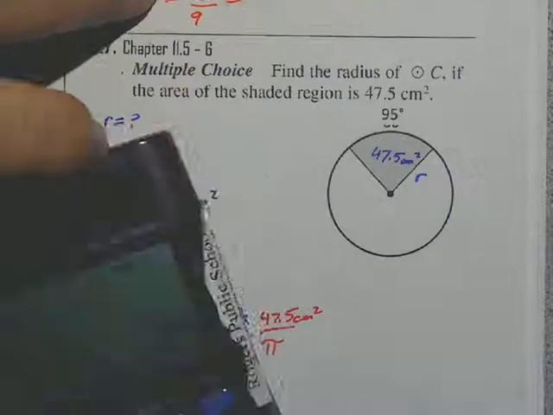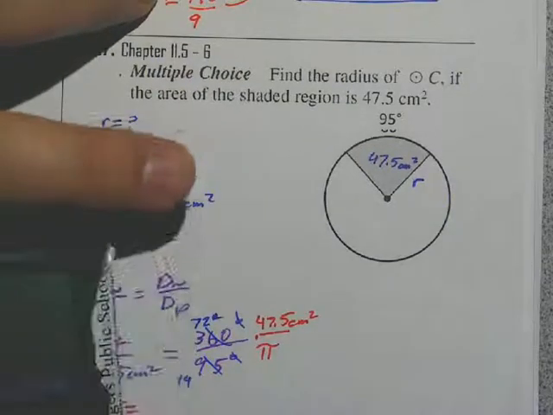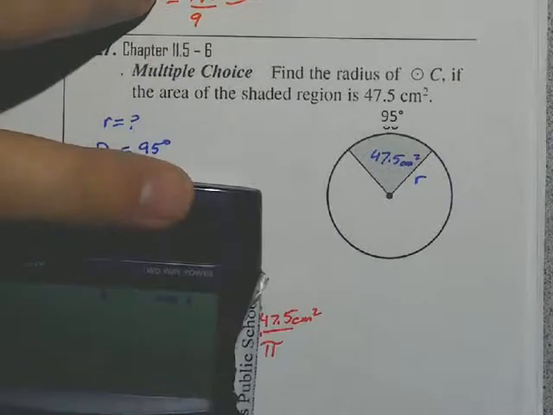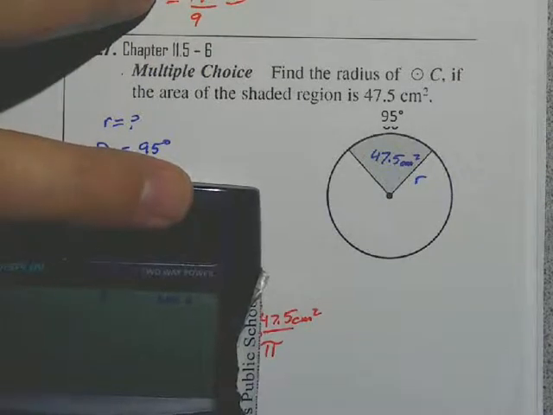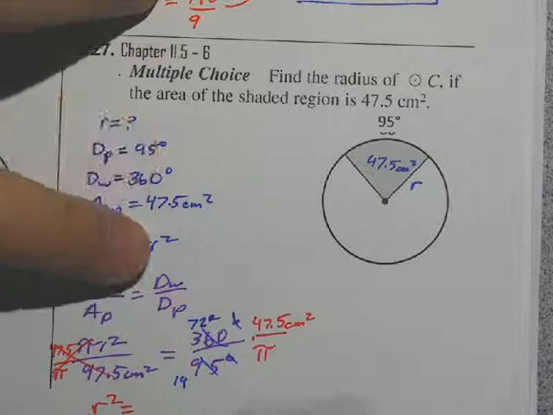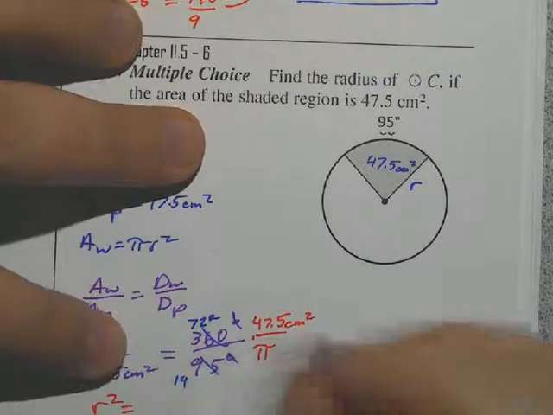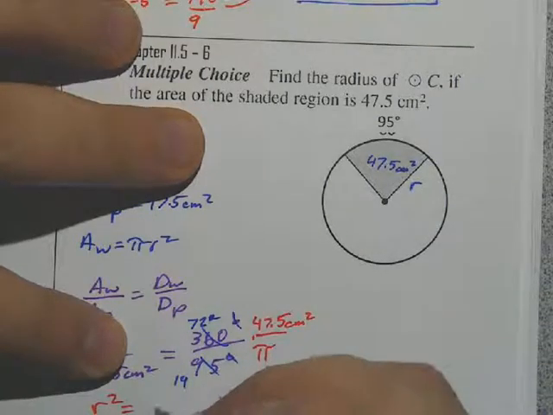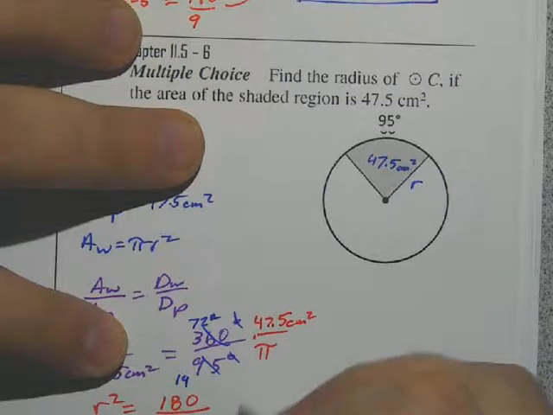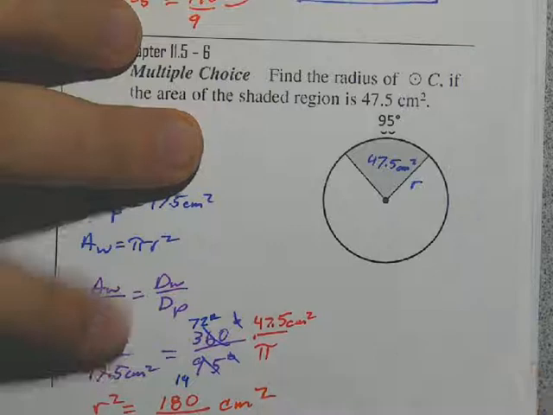Well, let me make sure that was right. I just want to make sure I didn't make a mistake. 72 times 47.5 divided by 19. And wow, look at that. It comes out to be 180, right? So all of these things are going to multiply together and divide, and you're going to end up getting 180 over pi centimeters squared.